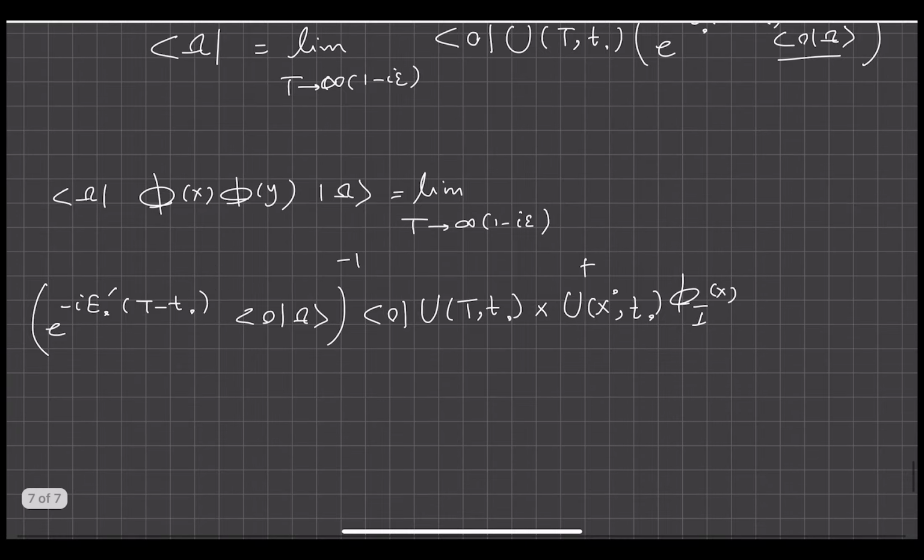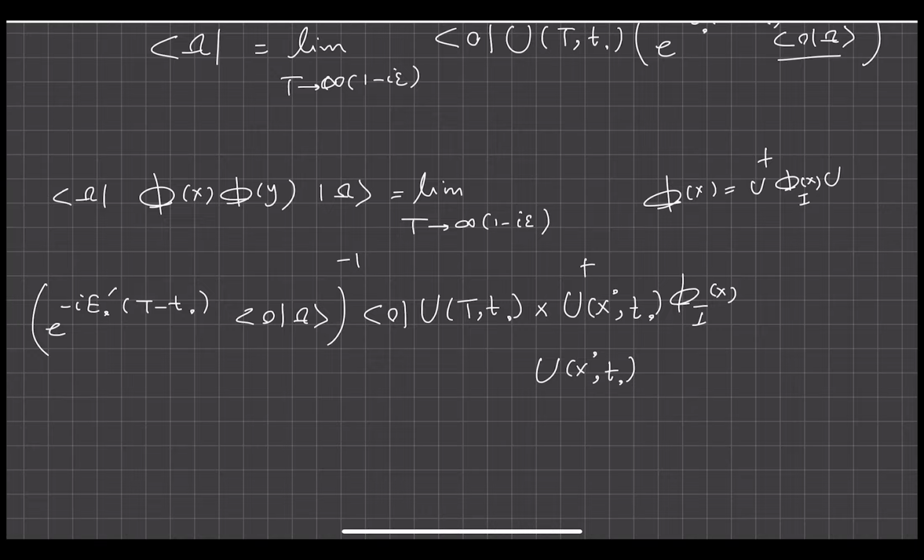And then here you have U of x0 to t0, because again phi of x is going to be U dagger phi I of x U. Or sorry, maybe you can say U dagger U, so it doesn't really matter because you can always interchange this definition.